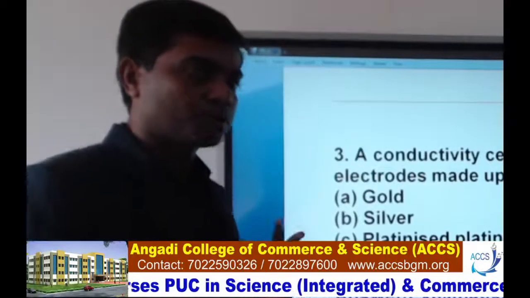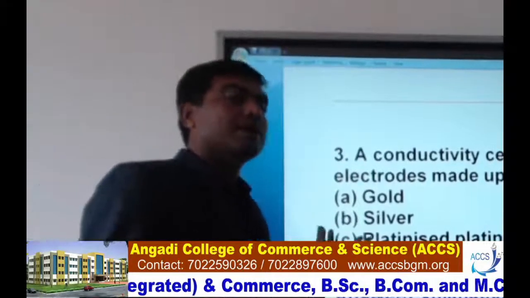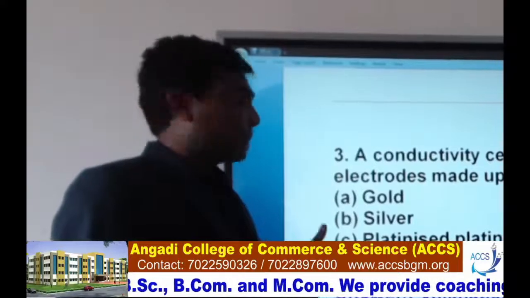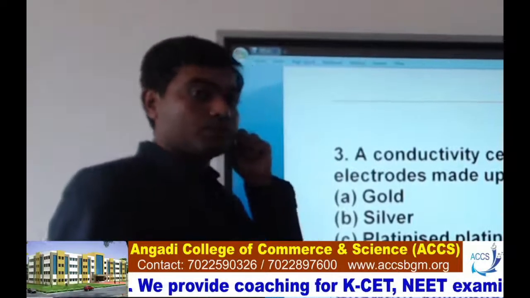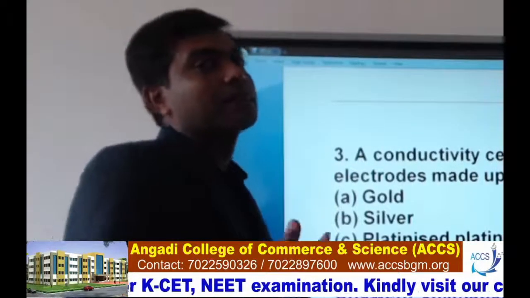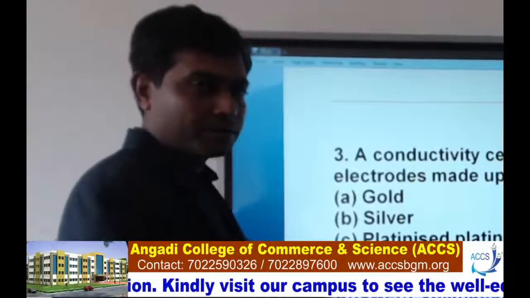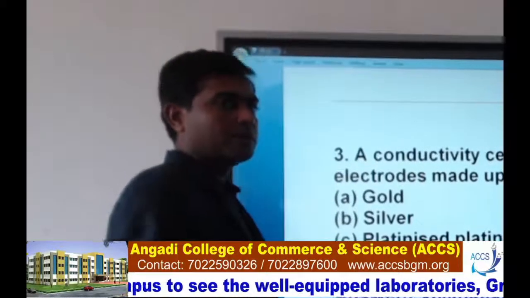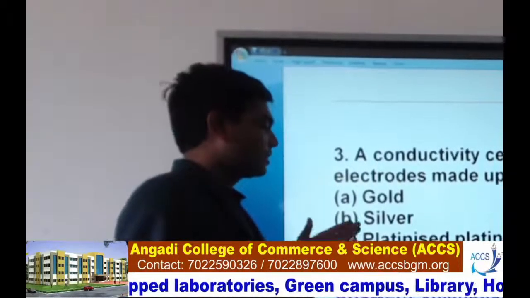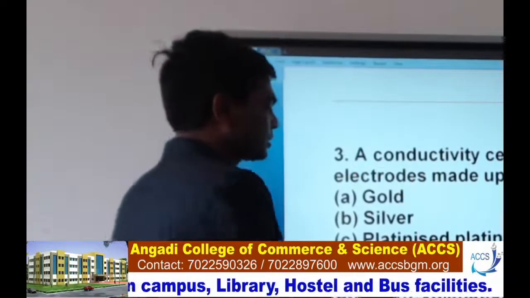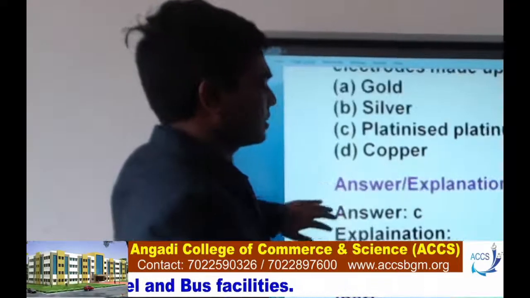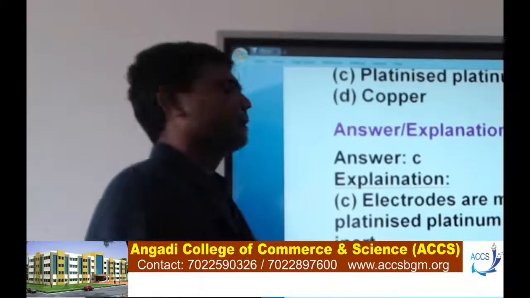All four options which he has given are less reactive only. Okay, but in that also some elements will react with some other compounds, but the element which does not react with any other compounds, 99% is going to be the answer. So the answer is C, platinum.